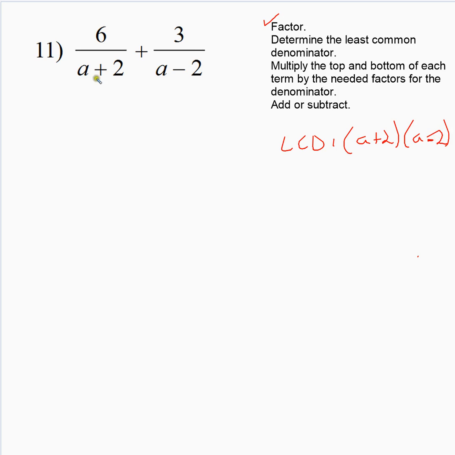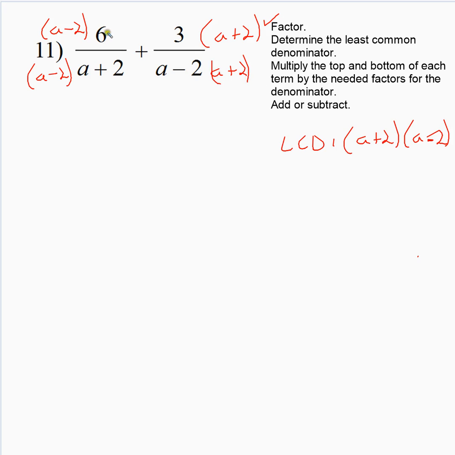And so what I'm going to do over here, I need the a minus 2, so I'll multiply the top and the bottom, the numerator and the denominator, by a minus 2. Over here I need the a plus 2, so I'm going to multiply the numerator and denominator by the a plus 2, because that's just multiplying by a form of 1.